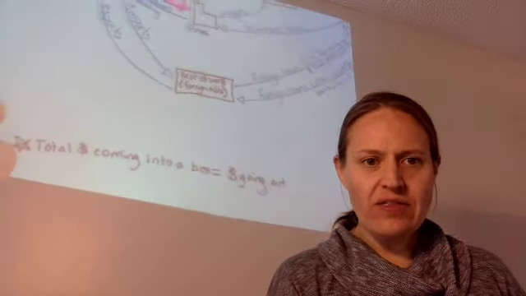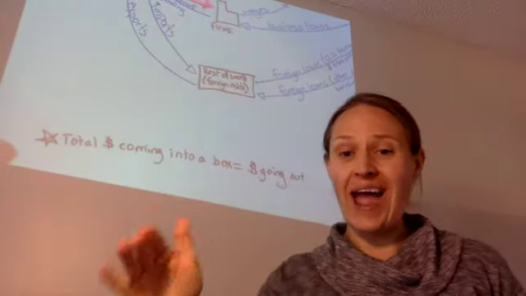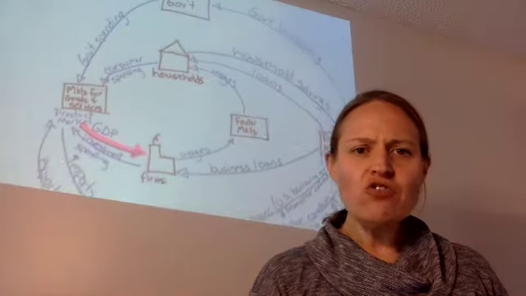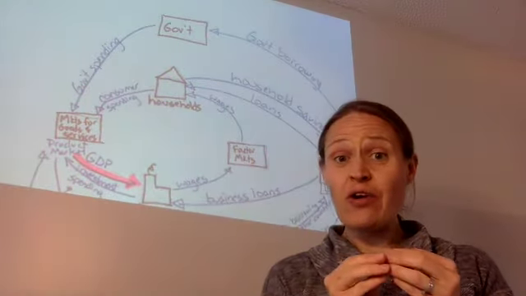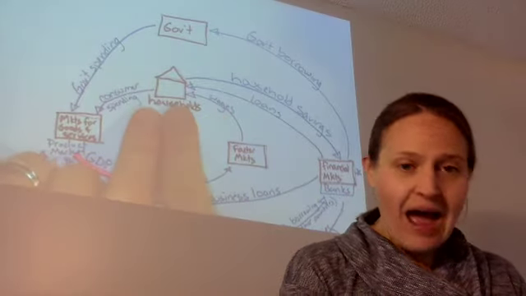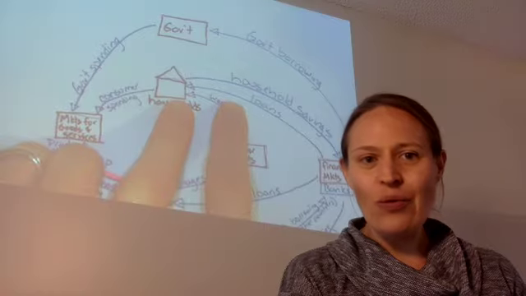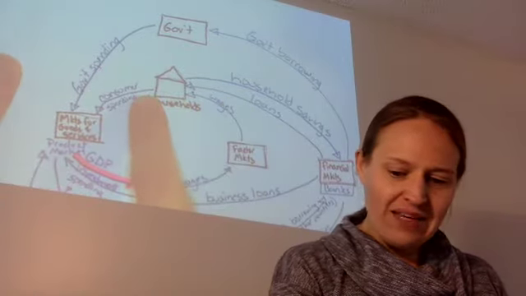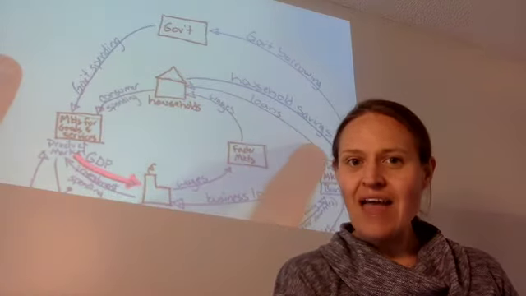Another thing you need to know at the bottom here, it says total money coming into the box is equal to the money going out. So if we were to draw a more detailed arrow, some of the arrows would be way thicker than other arrows. So notice that households are getting money from two places, wages and loans. And money is leaving the household as consumer spending and as household savings.